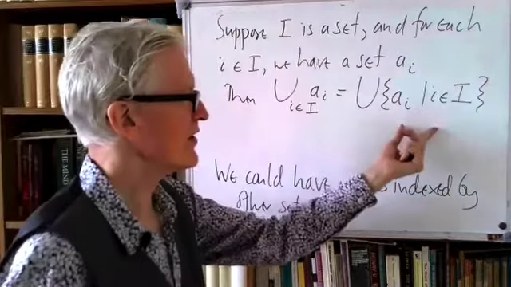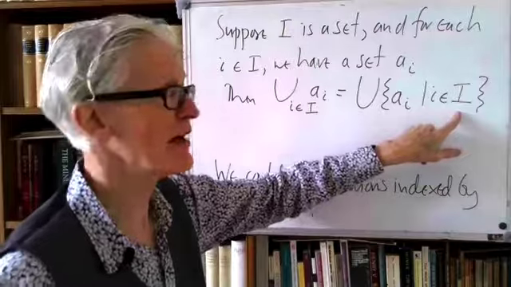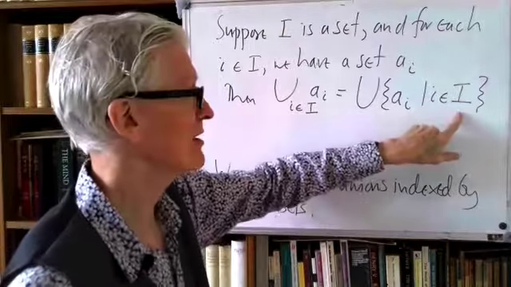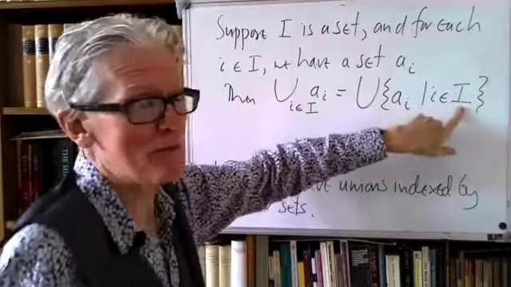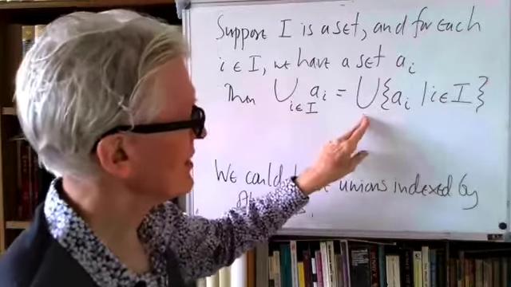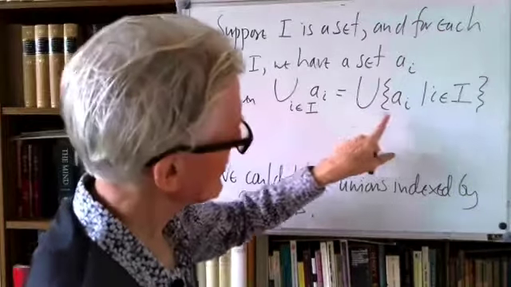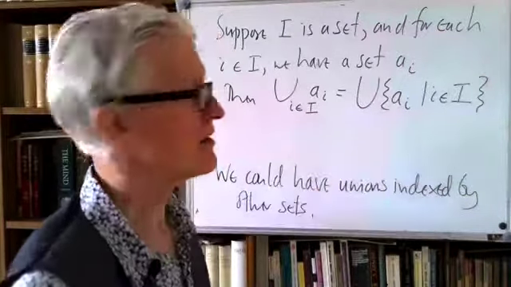So this is very useful. There's no restriction on what kind of set this has to be. This doesn't have to be the set of natural numbers. The set of reals might be anything. But the big union symbol says I collect together all of the elements of these different A_i's.